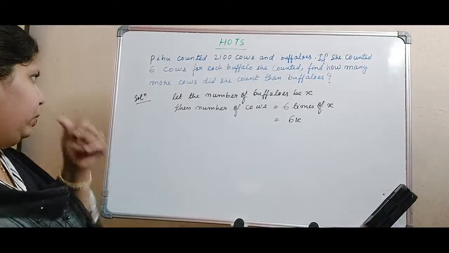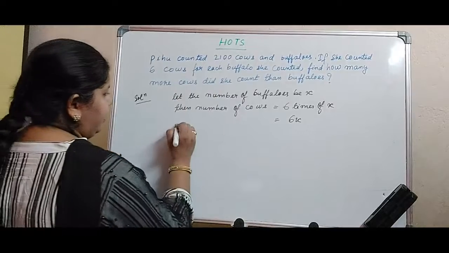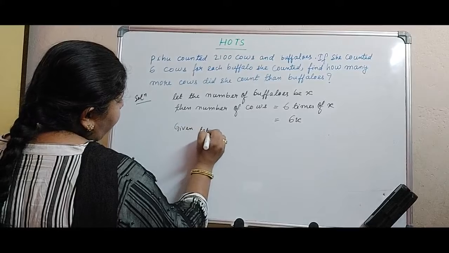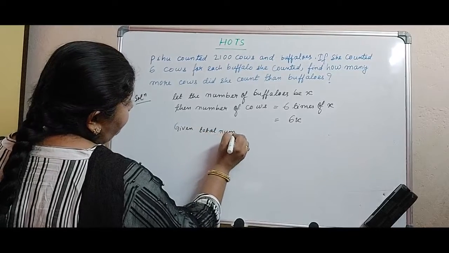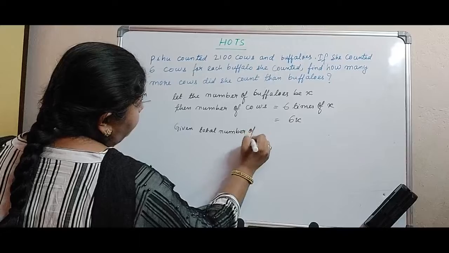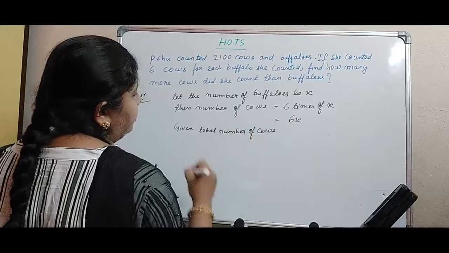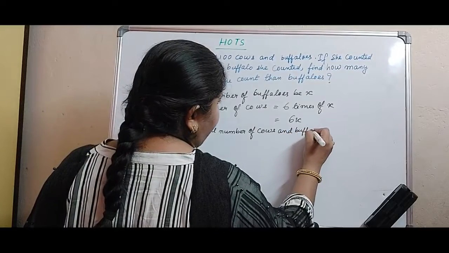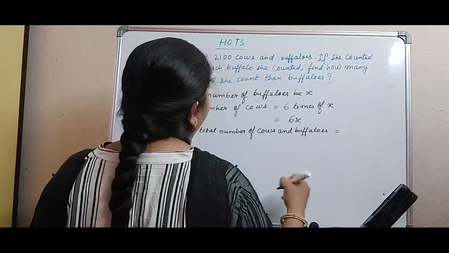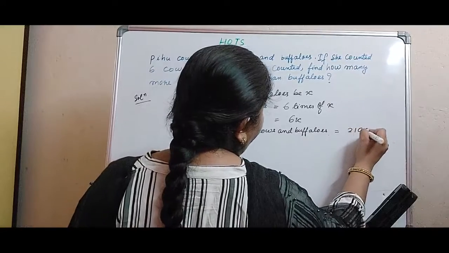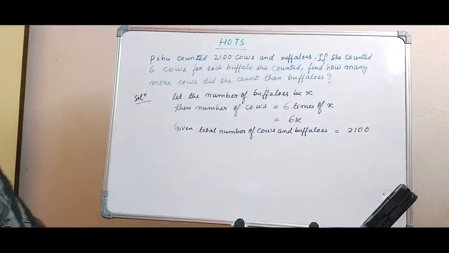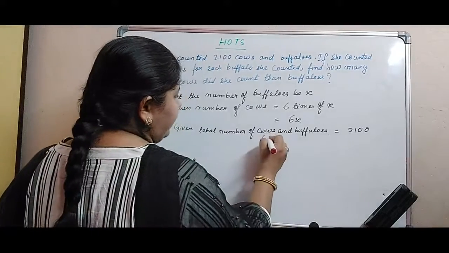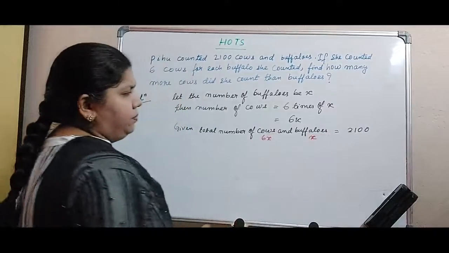So what we are going to do, you write here the next step, that is given: total number of cows and buffaloes equal to 2100. This is given to you in the question. So in a way we can say, if the cows is 6x, buffalo is x.